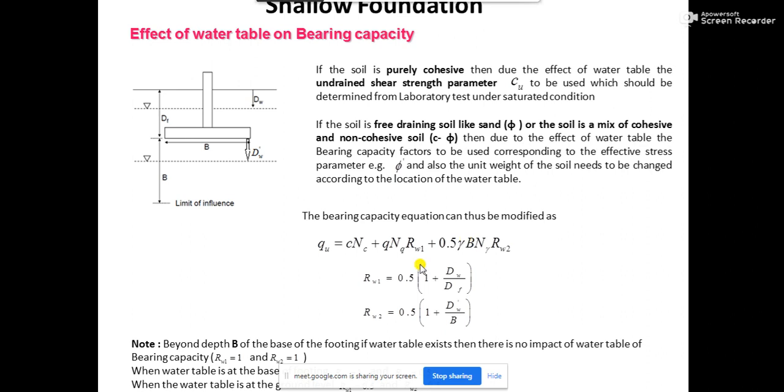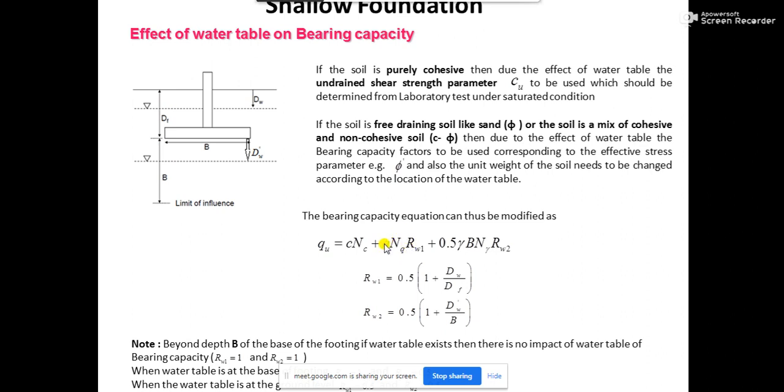Next, let's say the water table goes up. When the water table is present up to the base of the footing, this portion of the equation will be affected. But when the water table rises more above the base of the footing, the influence in this bearing capacity equation will be taken care of by the QNQ term, that means the gamma D term.